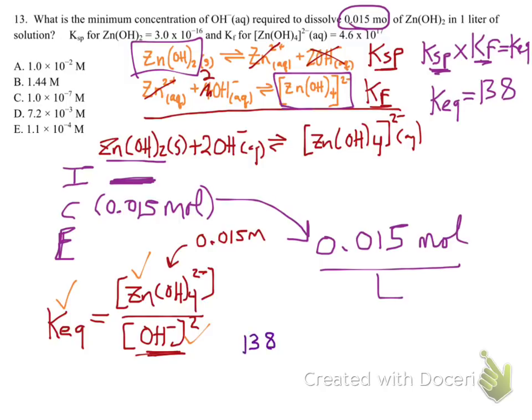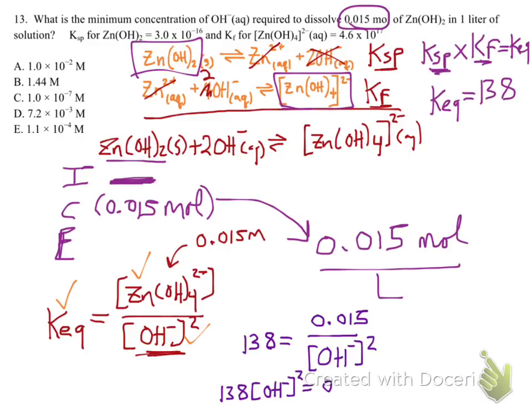138 is going to equal 0.015 divided by the hydroxide concentration squared. So we'll multiply the hydroxide concentration squared through and get 138 times the hydroxide concentration squared is equal to 0.015.